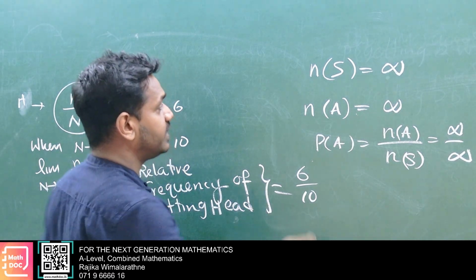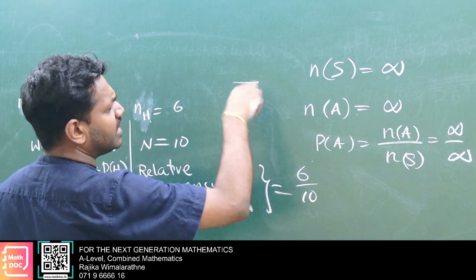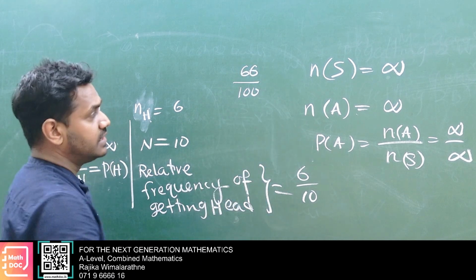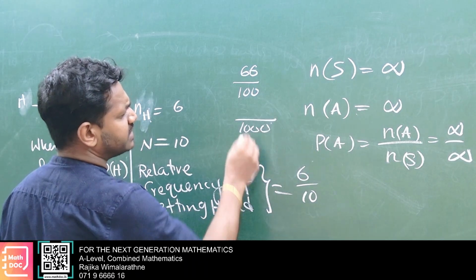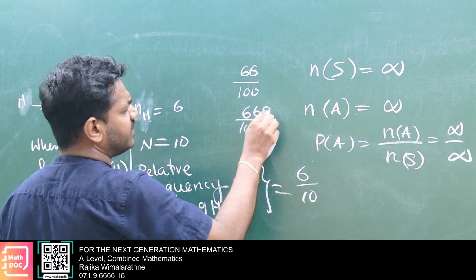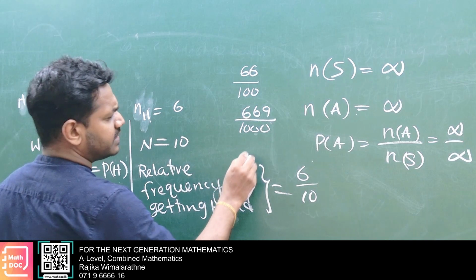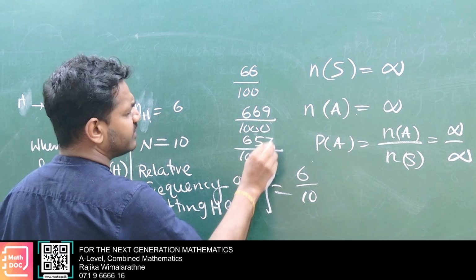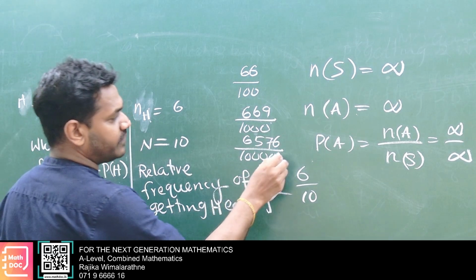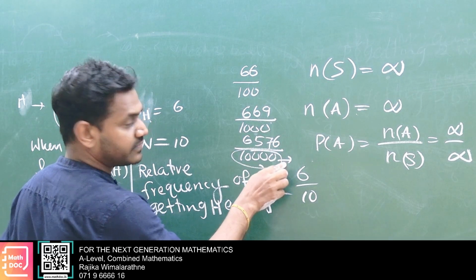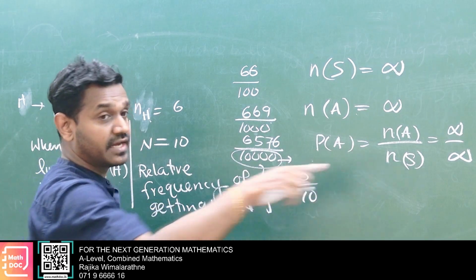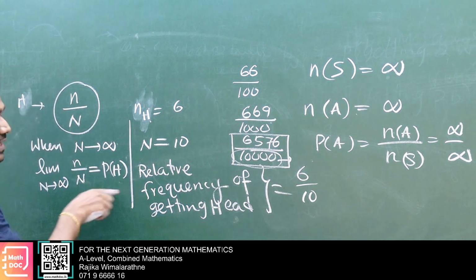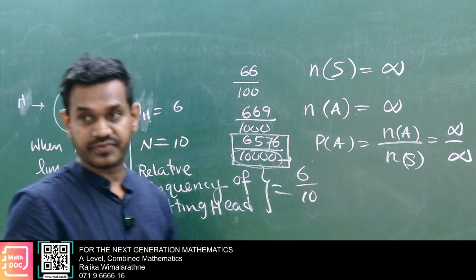If we do it 100 times, we count heads 66 times. If we did it 1000 times, 669. Then 10,000 times, 6,576, and so on. When we do this experiment an infinite number of times, this fraction comes to a finite value. That is what we call the frequency definition.